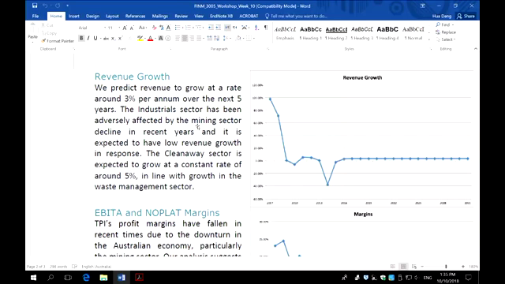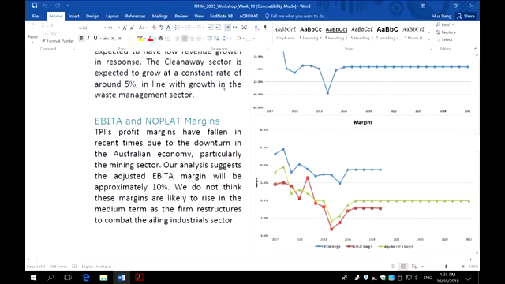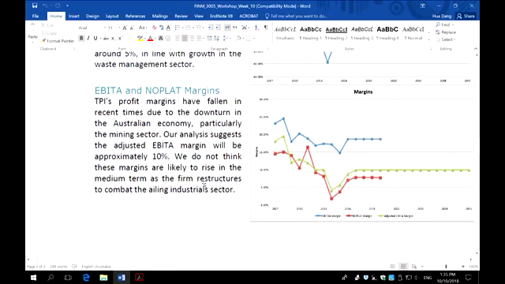So when I have this context, I do understand what they mean in here with the growth in the waste management sector or these margins or ailing industry sector. So I do understand. But for an outside reader, who just wants to know what's your view of the company's value and the drivers and how the drivers are related to the valuation, they're going to be confused.